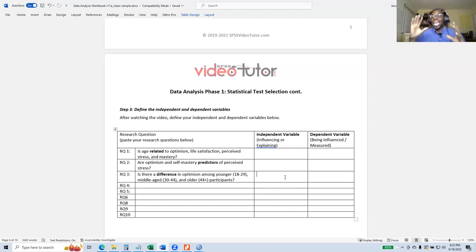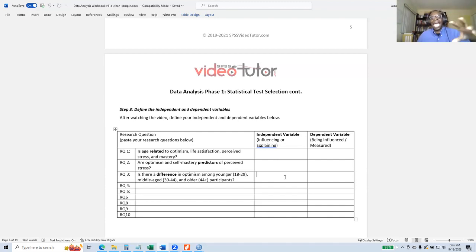Yes. So age, we believe that different ages are influencing optimism. Okay. So people who are young may be more optimistic than people who are older, right? Optimism scores are not going to influence whether you're young or old. So in other words, if I get a 13, that doesn't mean I'm going to turn 21. Like, you understand what I'm saying?